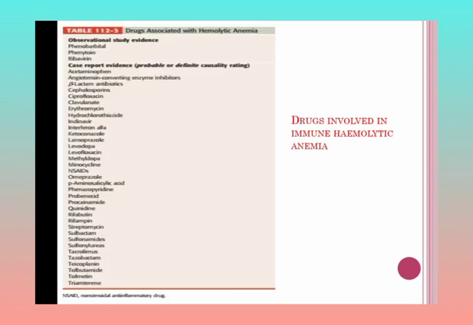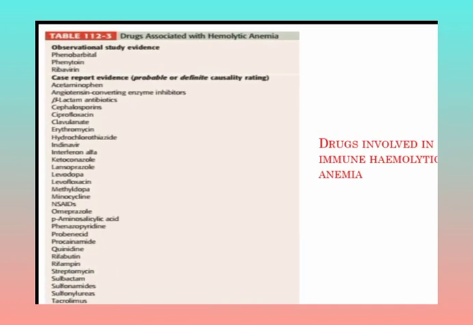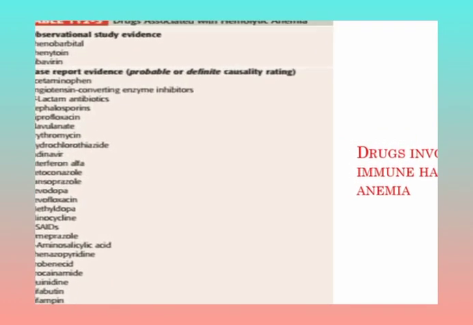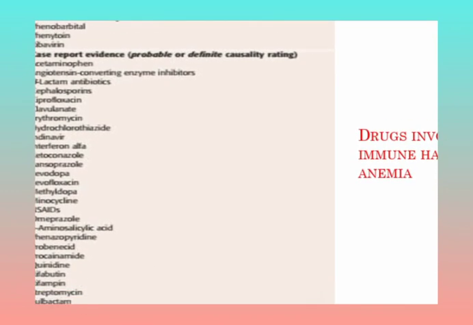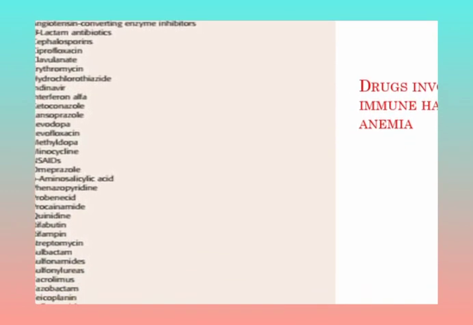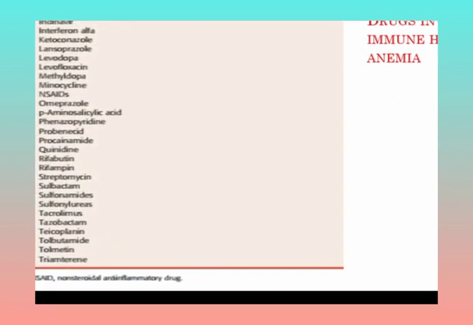Now the drugs involved in immune hemolytic anemia are phenobarbital, phenytoin and ribavirin, which are observational. When coming to case report evidence: procainamide, probenecid, beta-lactam antibiotics, cephalosporin, ciprofloxacin, streptomycin, sulbactam, and NSAIDs.